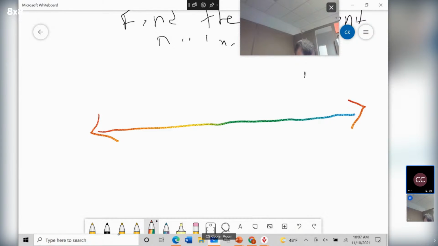And to your left, right in the middle, we'll say is 0. That's going to be 0. And if we're doing place value, the first place value going to the left is going to be the ones place. So that would be numbers like 1 through 9.